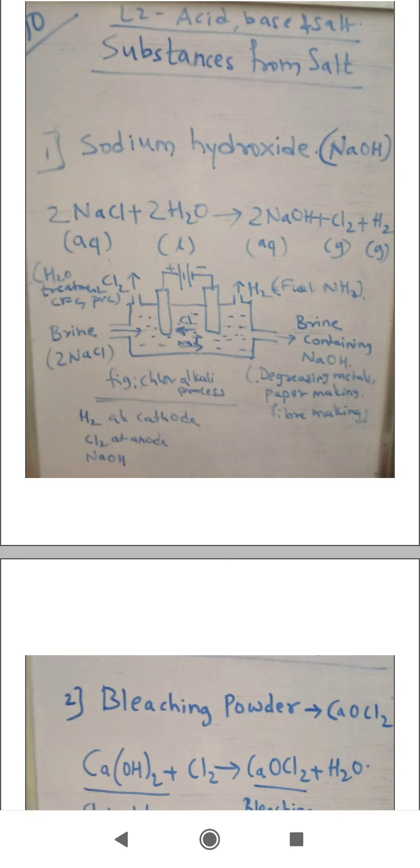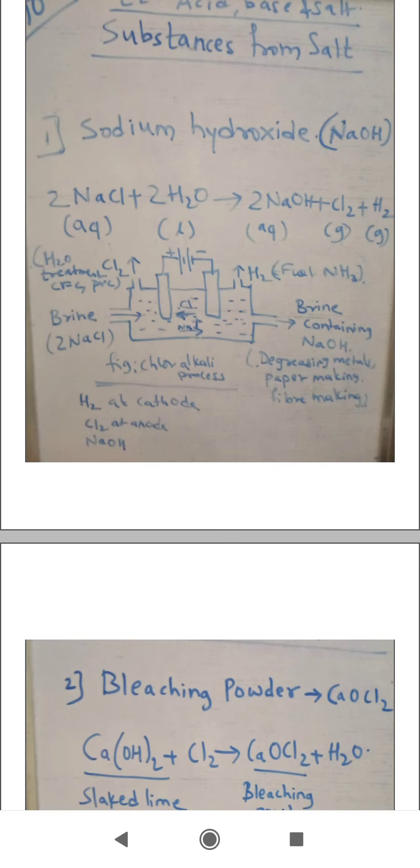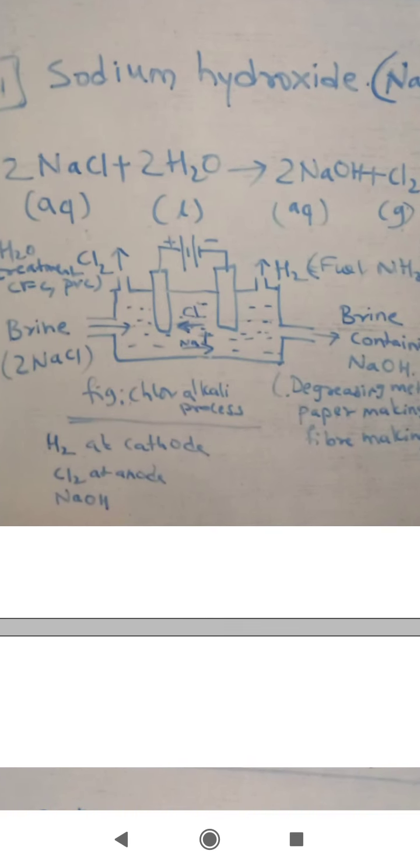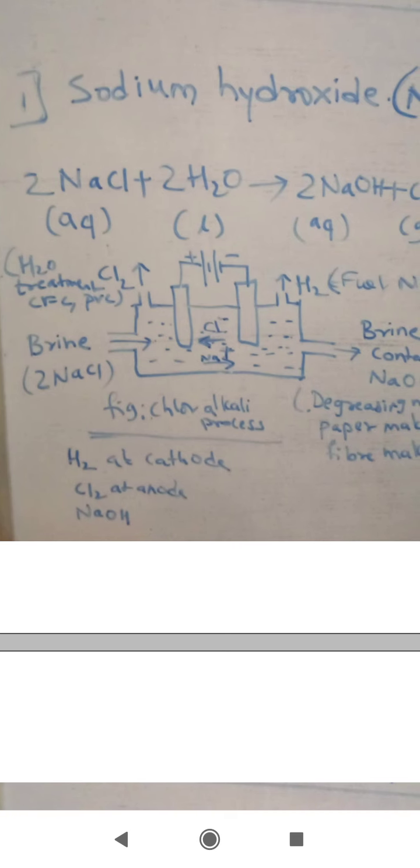So this is taken in a beaker as shown in the diagram, which consists of the salt solution of sodium chloride. That salt solution is called brine. You can see here in the diagram, brine, that is NaCl, is passed from one end, the left end of the beaker, and there are two electrodes.